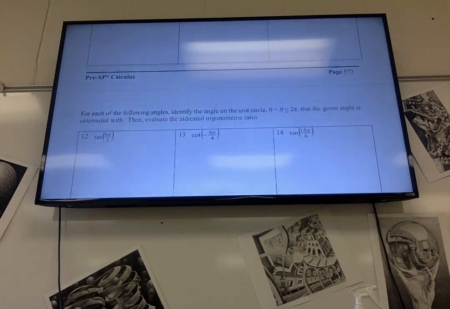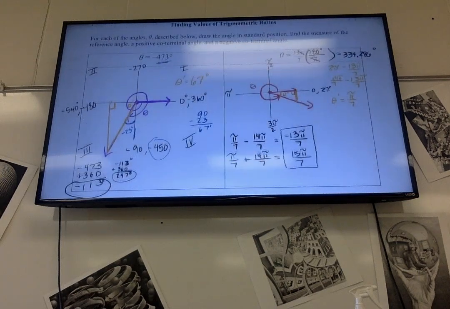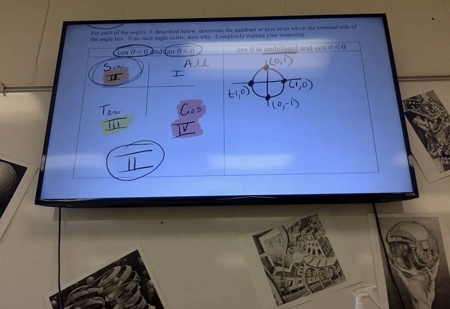I'll go back and show these here. Okay, so sine is the y coordinate on a unit circle. Cosine is x, and tangent is y over x. That's for a unit circle.